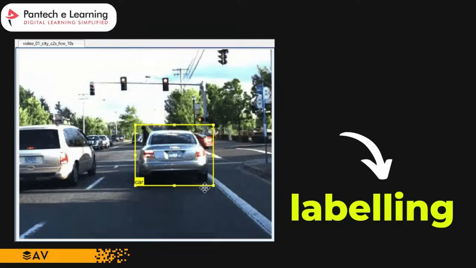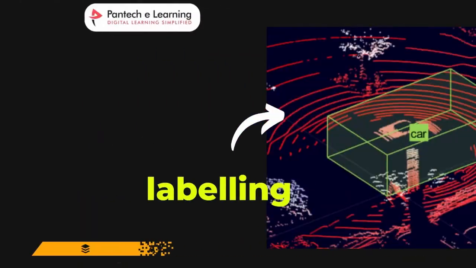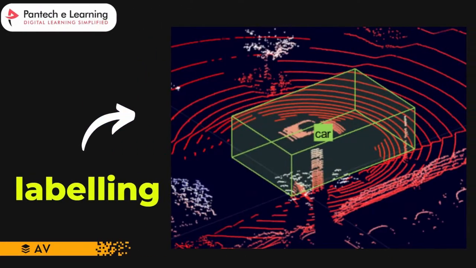For example, you might define labels such as cars, pedestrians or a bicycle, etc. Once you have defined the labels, you can apply them to specific frames in that sequence. That means marking or annotating the objects in the frames according to the defined labels. So for instance, if there is a car in a frame, you would label it as a car. So this is what labeling is.